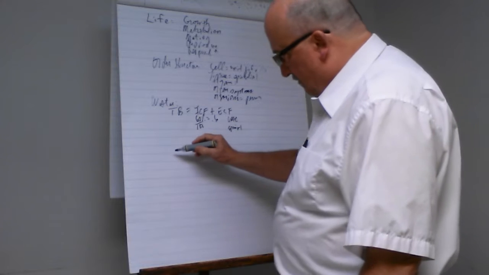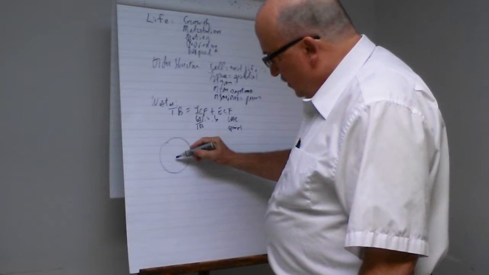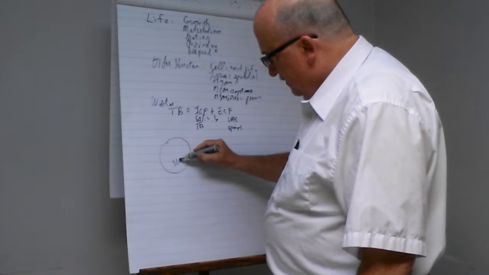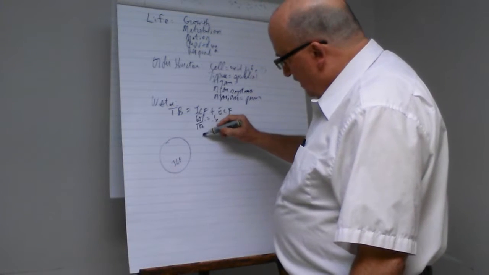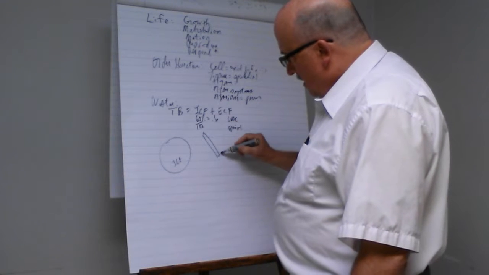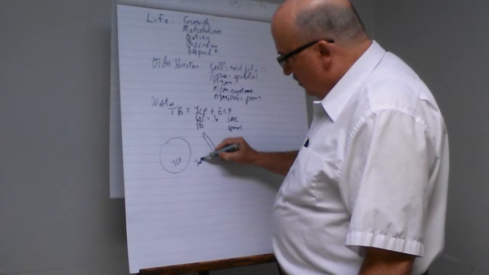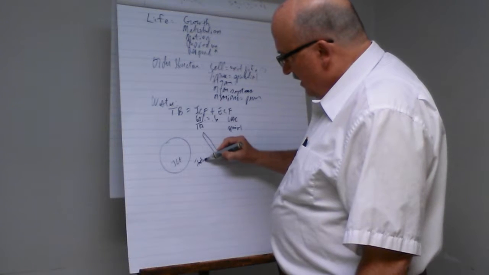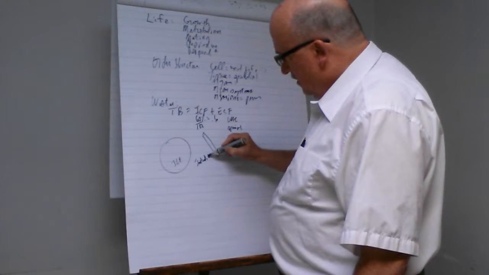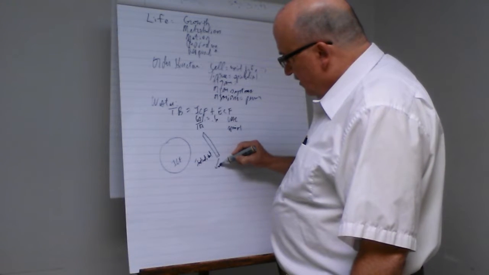So if we draw this out, we have a cell, and in the cell you have the ICF. Outside the cell you have a vessel, and you have the interstitial space. This is the vascular space.